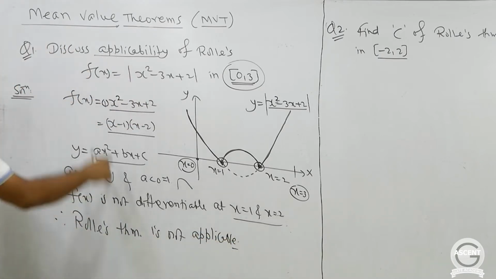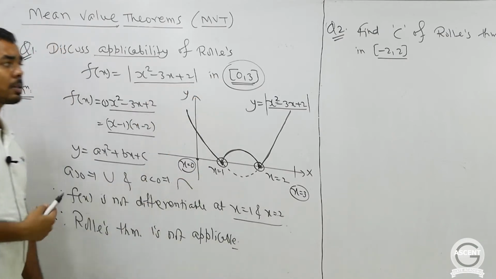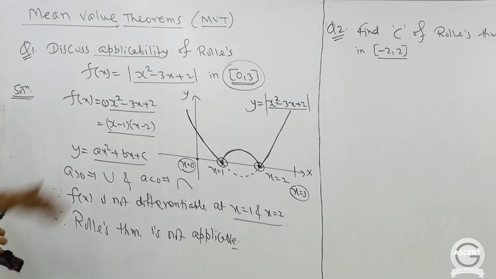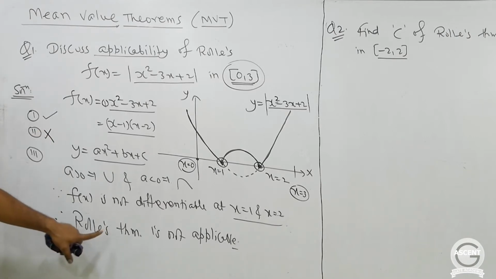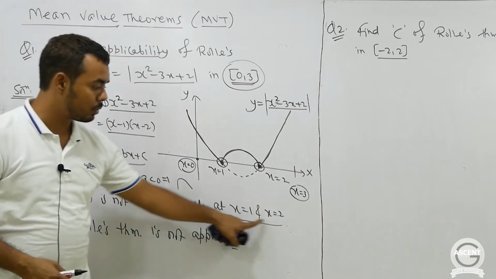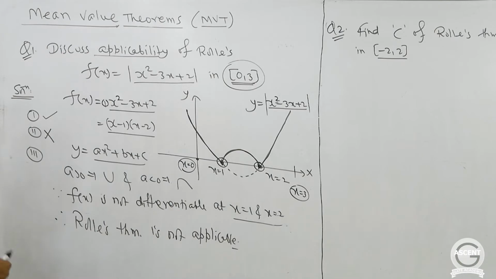If you want to check, you can verify that this is a continuous function. This is always a continuous function. The first condition was f(x) should be continuous in [a, b]. So we had three conditions: continuous in [a, b], differentiable in (a, b), and f(a) equal to f(b). So the first condition is satisfied, the function is continuous. The second condition is not satisfied. You can see that 1 and 2 are between 0 and 3, and at these two points the function is not differentiable.